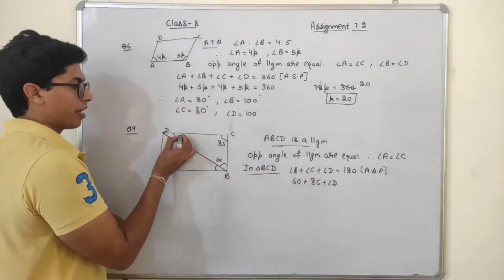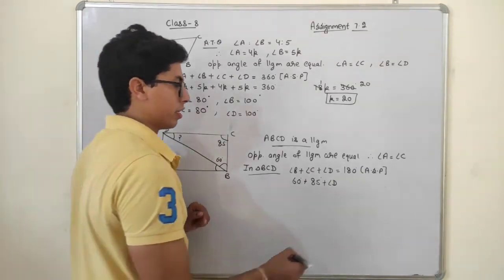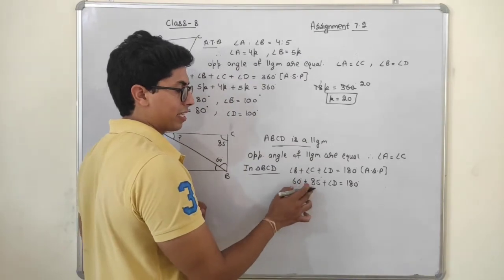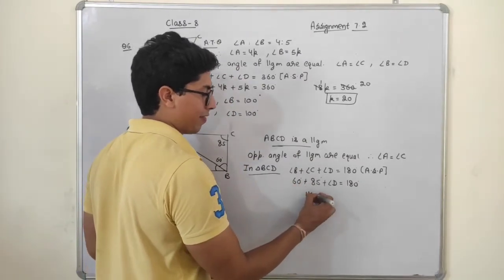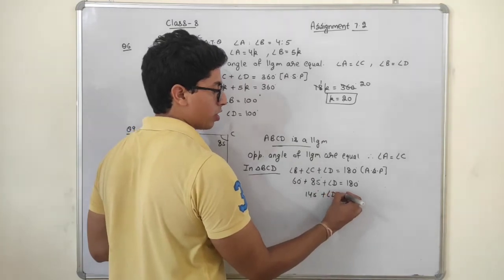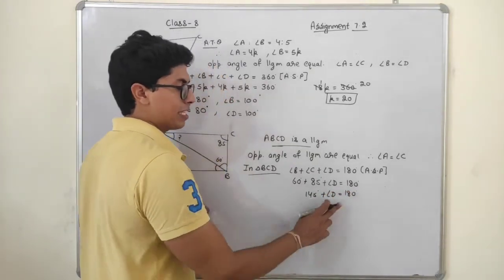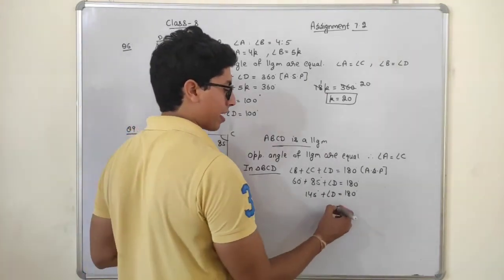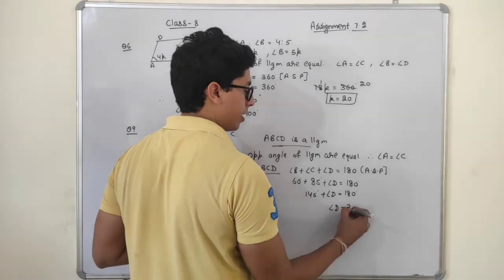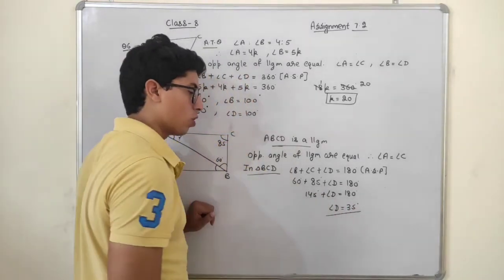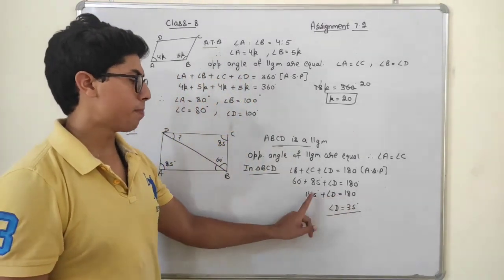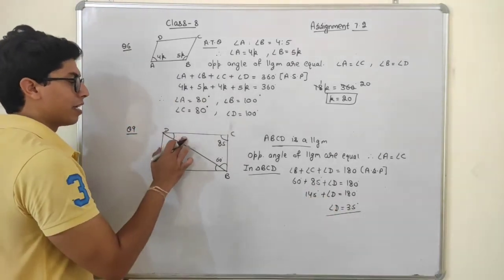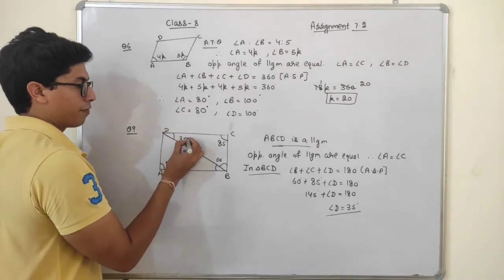This I have to find out. So if I just add them, 85 and 60, it will be 145 degrees. Angle D as it is. So this will be 180. So this means 180 minus 145. Angle D is equal to 35 degrees. This means this angle is 35 degrees.